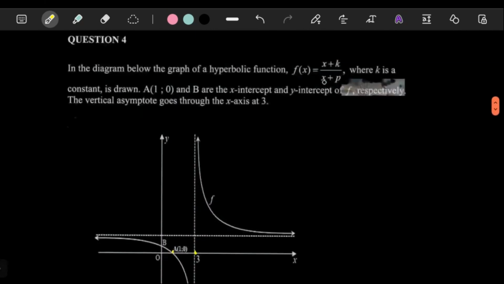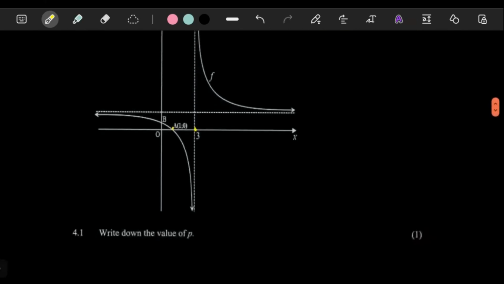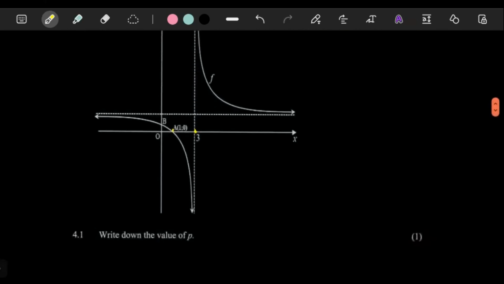P will always represent the asymptote, so you don't overthink p, because p is just straightforward.